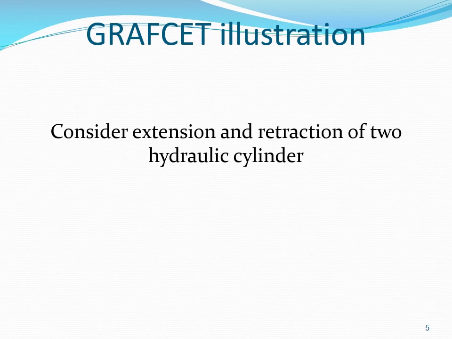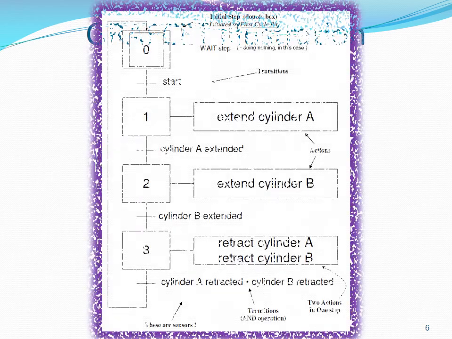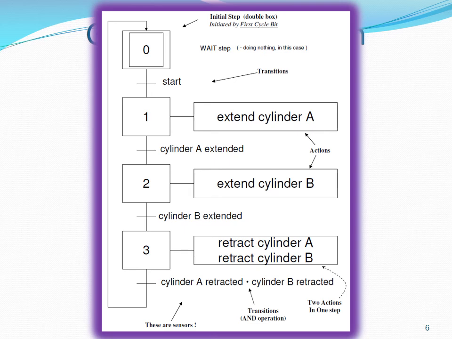Let's consider a system that extends 2 hydraulic cylinders in turns and then retracts them before going into an idle state. Here is the GRAFCET to describe the system.